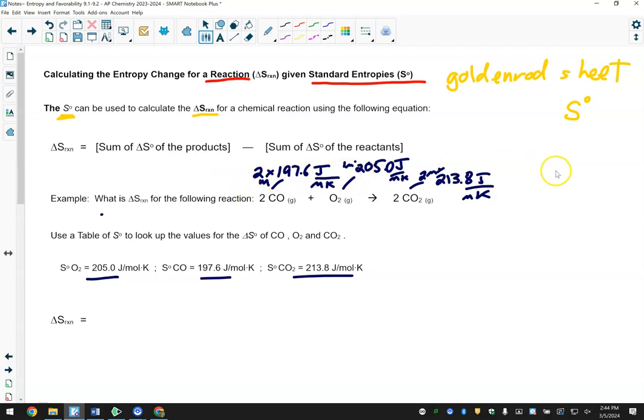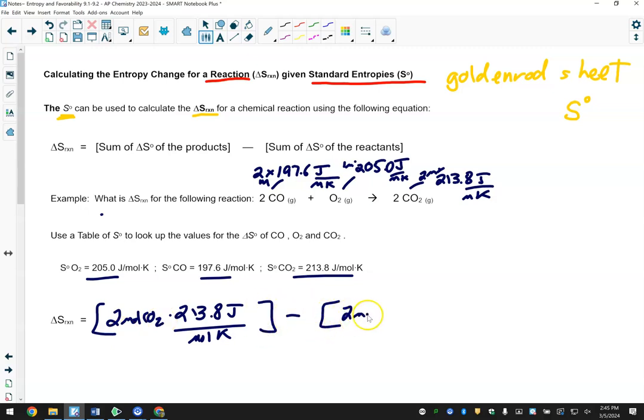I write it right above the things, and then I would say, well, the delta S of the reaction equals 2 moles of CO2 times the 213.8 joules per mole Kelvin, that's the product side, minus the 2 moles of CO times the 197.6 joules per mole Kelvin, plus the oxygen term, which is 1 mole of oxygen times the 205.0 joules per mole Kelvin.